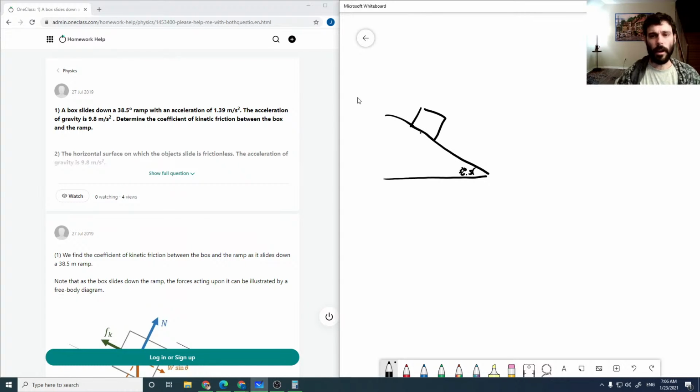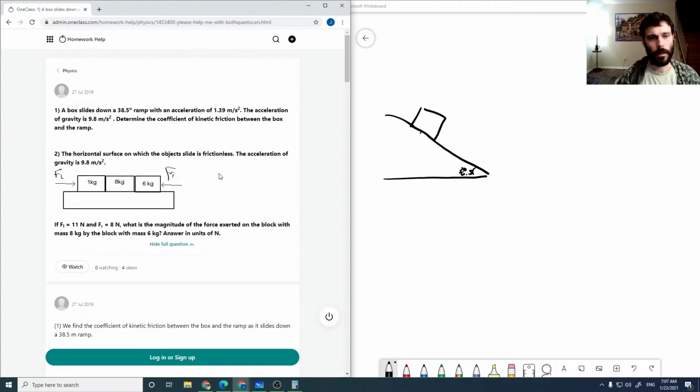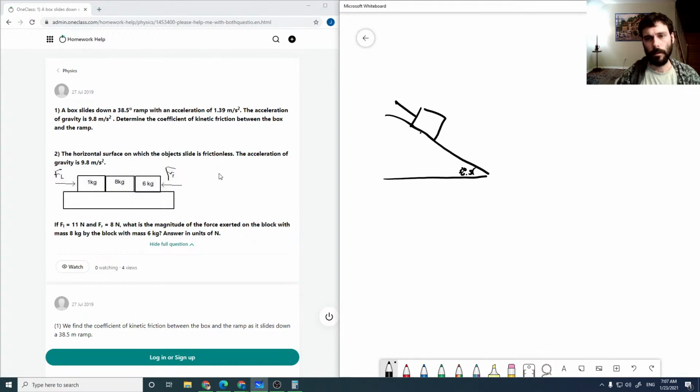The acceleration of gravity is 9.8. Determine the coefficient of kinetic friction between the box and the ramp. All right, this is two questions here. So we've got our friction, we've got our normal, and we've got our mg. For this question, it's going to be easier to just define my x direction as down the ramp and my y direction as up this way.